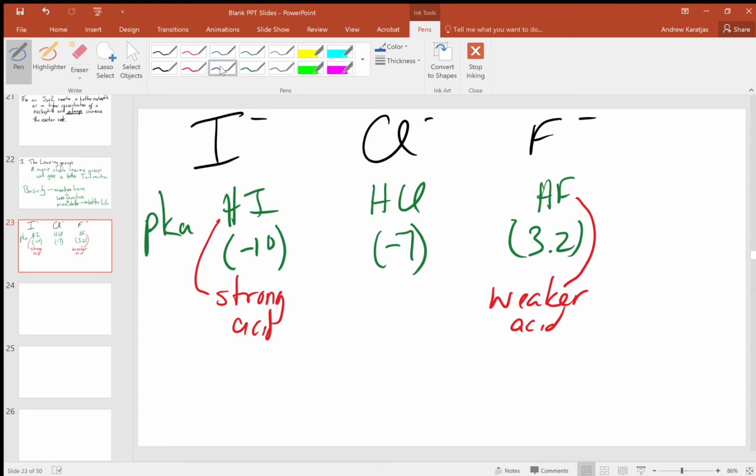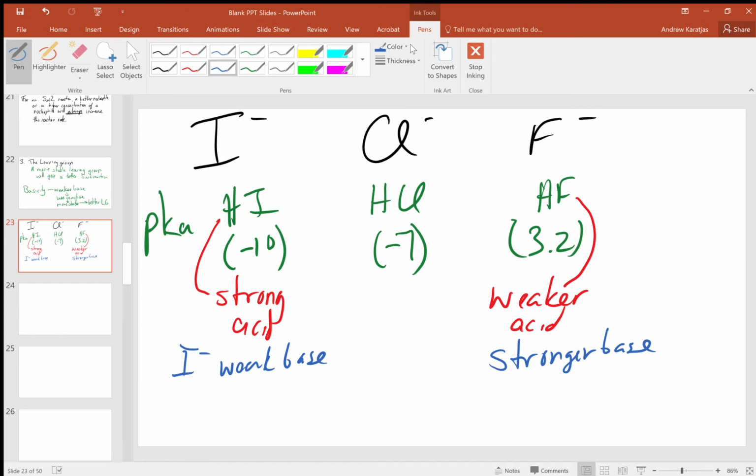What that means as well is that I minus is a weak base, whereas F minus is a stronger base. We wouldn't want to call it a strong base. It's still significantly weaker than something like hydroxide, but we wouldn't want to say that it's a weak base either.